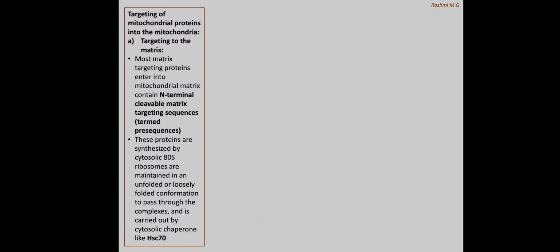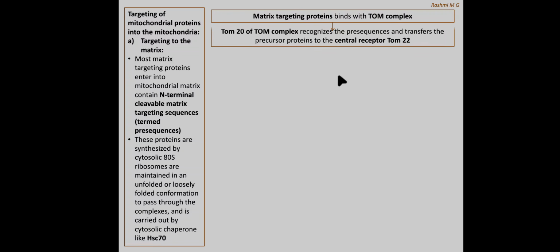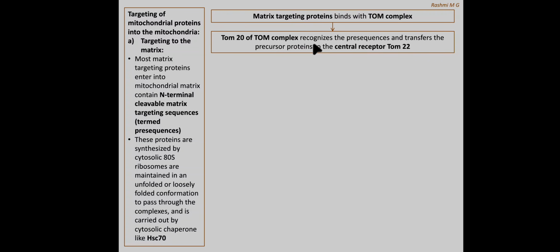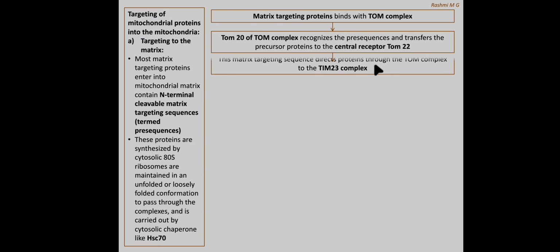Let us understand the process with the help of the flowchart and image. First, the matrix targeting protein binds with the TOM complex. TOM20 of the TOM complex recognizes the pre-sequence, that is the N-terminal cleavable matrix targeting sequence, and transfers the precursor protein to the central receptor TOM22.